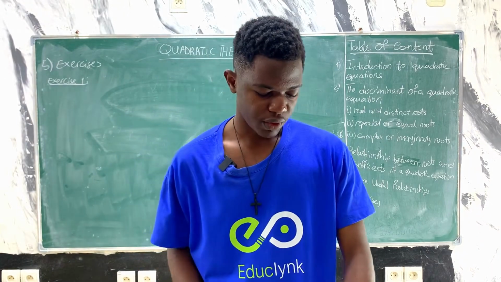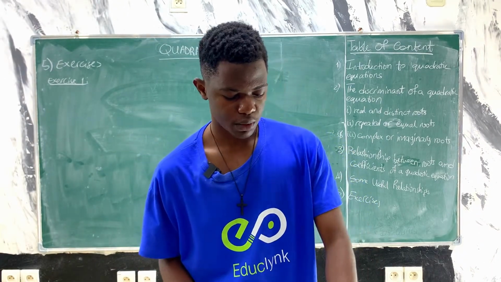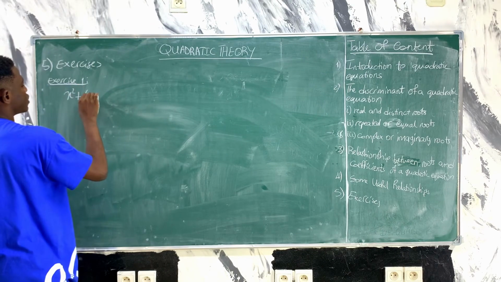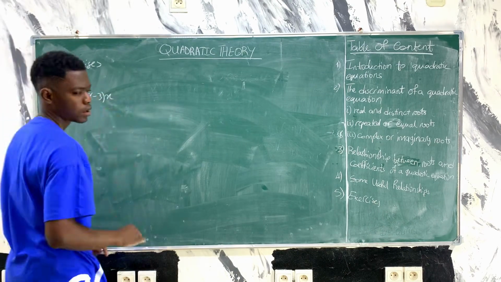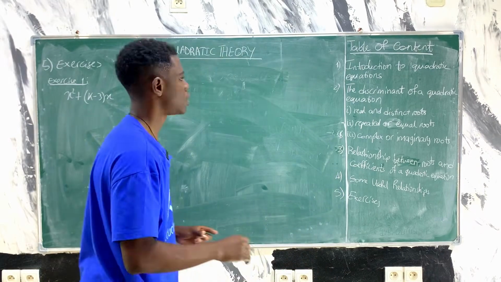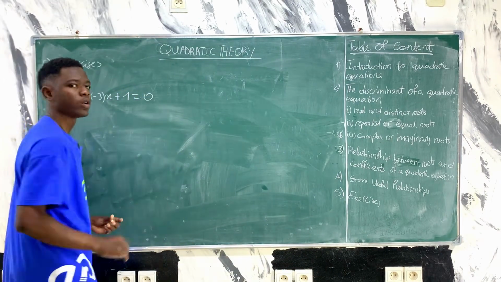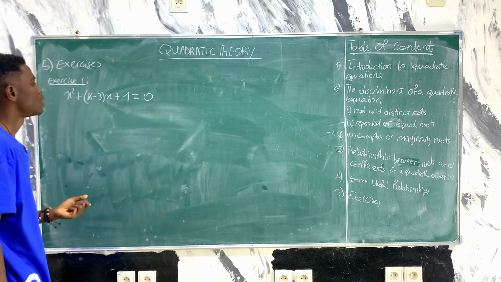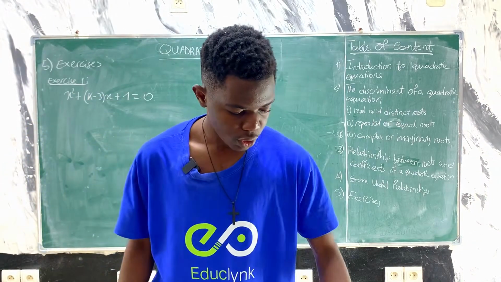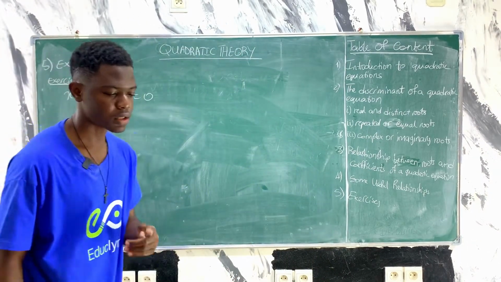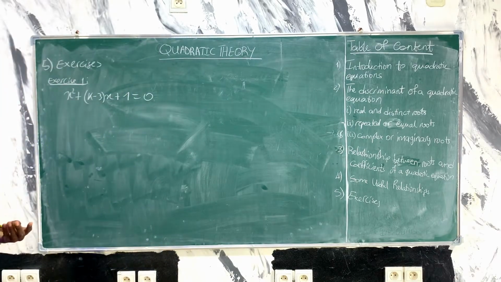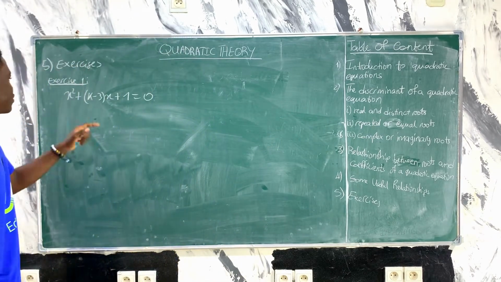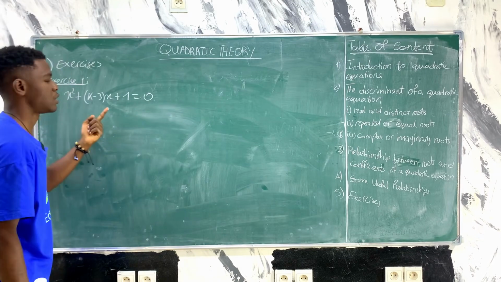Exercise 1 says, find the set of values of k for which the equation x squared plus (k minus 3)x plus 1 equals 0 has real and distinct roots. So they ask you to find the range of values of k for which this equation has real and distinct roots.